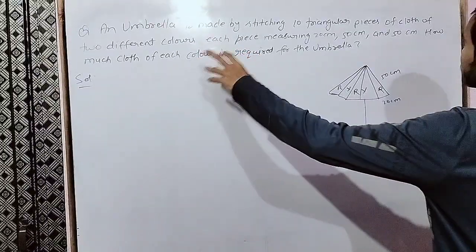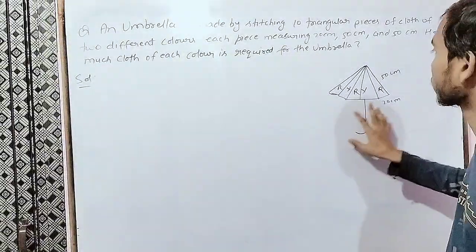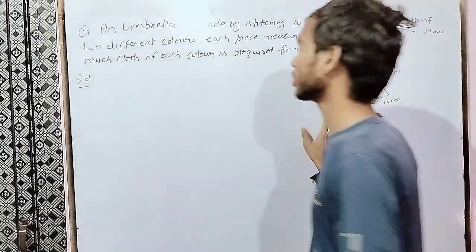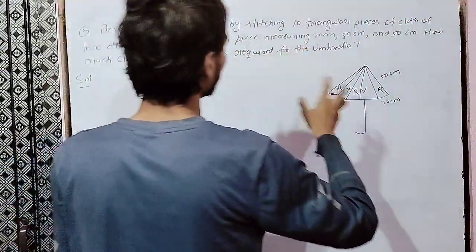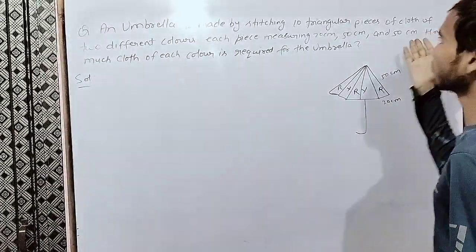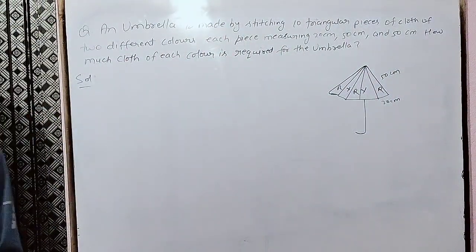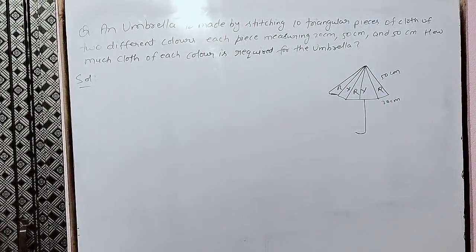So here, there are 10 triangular pieces of cloth in the shape of a triangle in two different colors. One is yellow, second is red. Each piece measuring 20 centimeter, 50 centimeter, and 50 centimeter. Again 50 centimeter. So I think it is given.